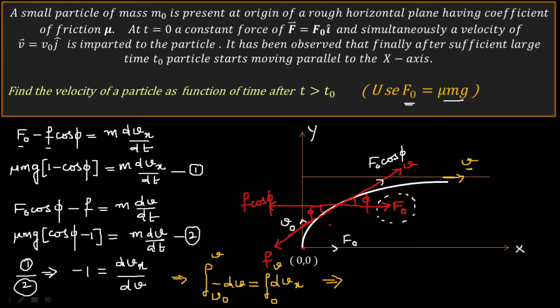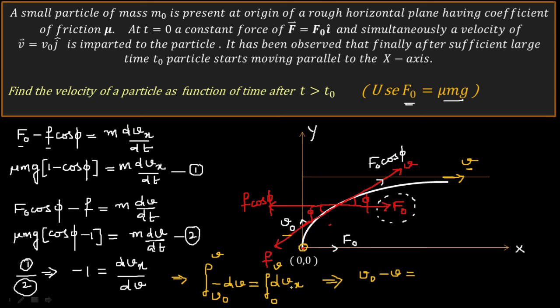This is minus dv, where v is the net velocity. Initial velocity is v0 and final velocity is v, so v0 to v. Along horizontal, the initial velocity is 0 because the velocity was only along the y-axis, and the final velocity becomes v. Now when you integrate minus dv, it becomes minus v with limits, so v0 minus v.